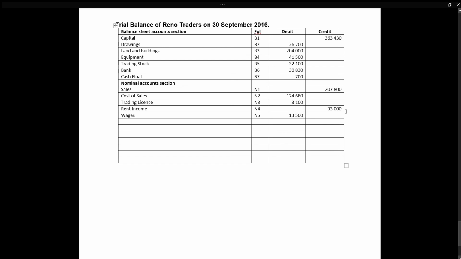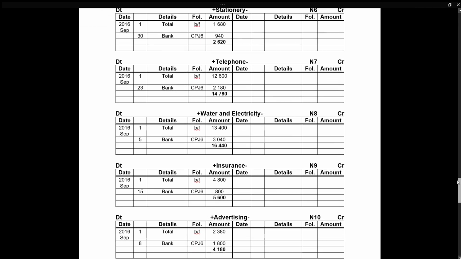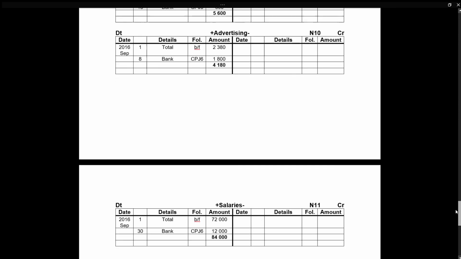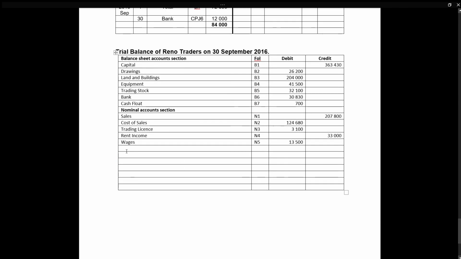Right, so let's go and see what was N6. N6 was stationery. It had a debit balance of 2,620 Rand. Right, so stationery. N6, it had a debit balance of 2,620 Rand.